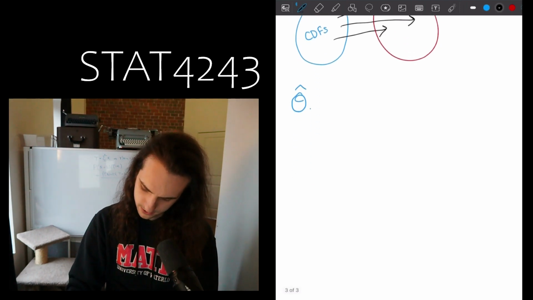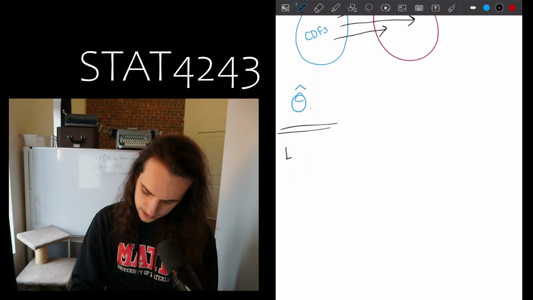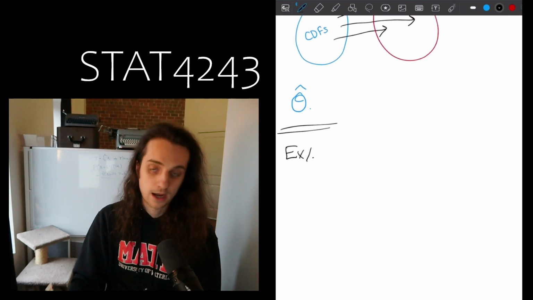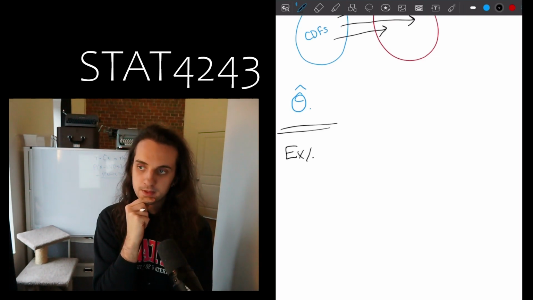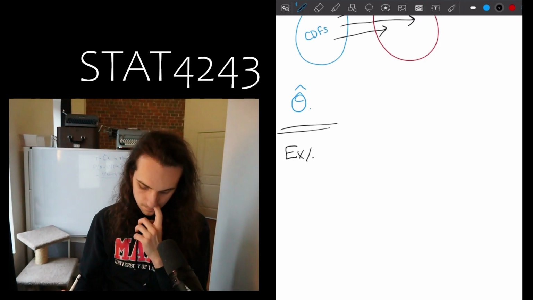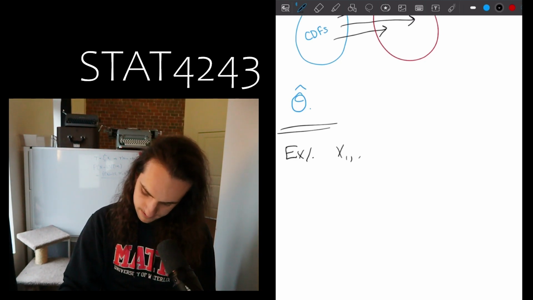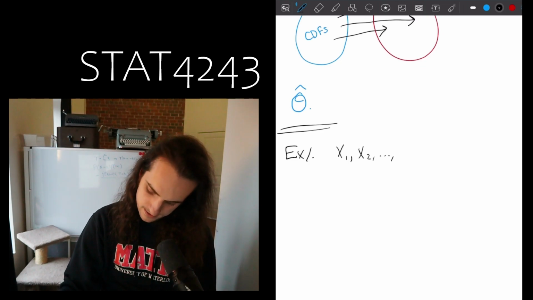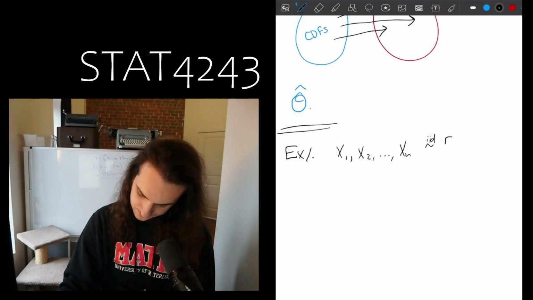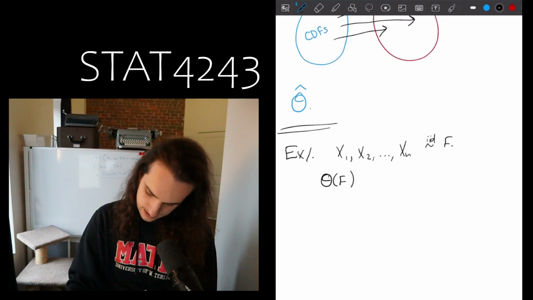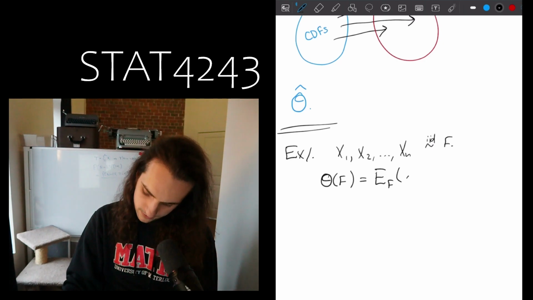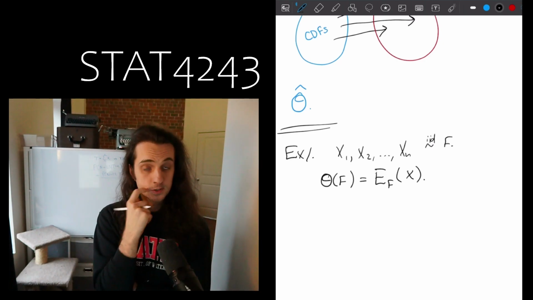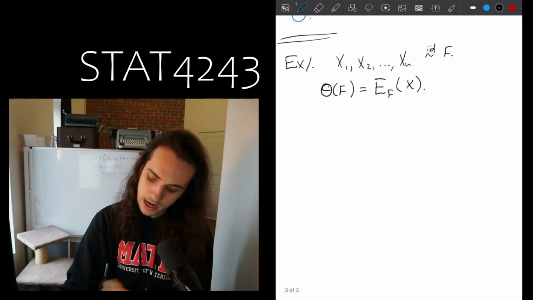To make matters concrete, we can consider an example. If we take x1 up to xn IID from f, then we might define theta of f as the expected value of x. So it's just the mean of this distribution. How is this a functional?